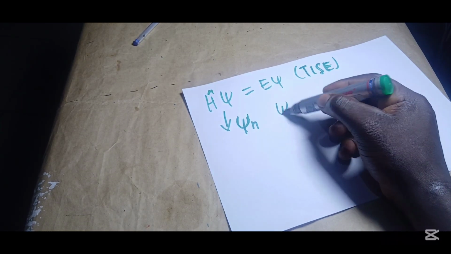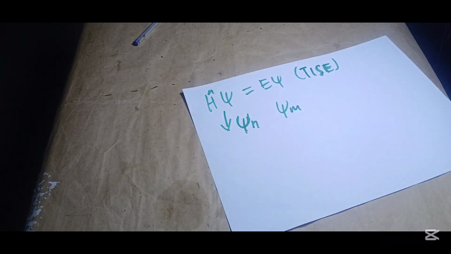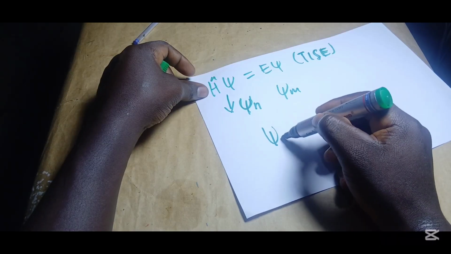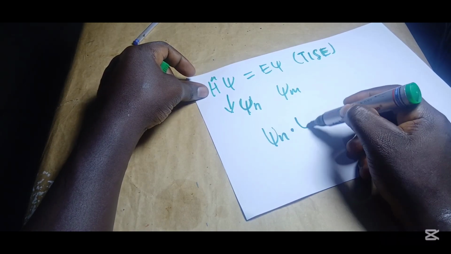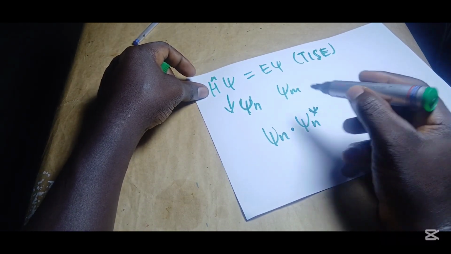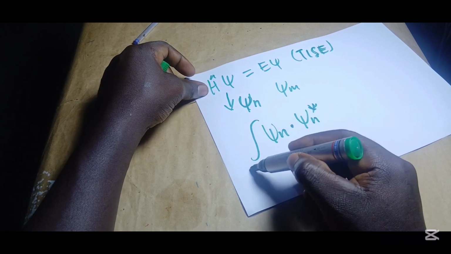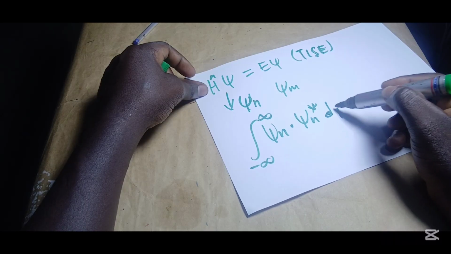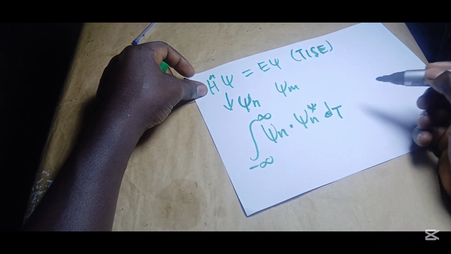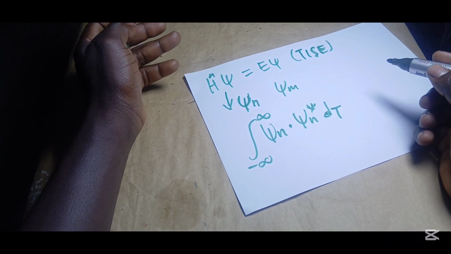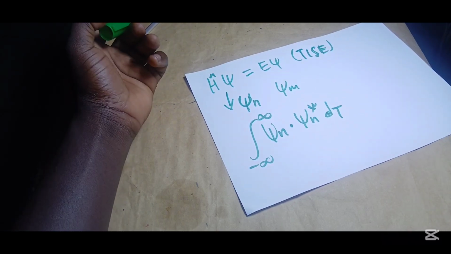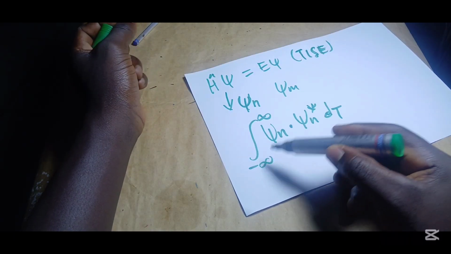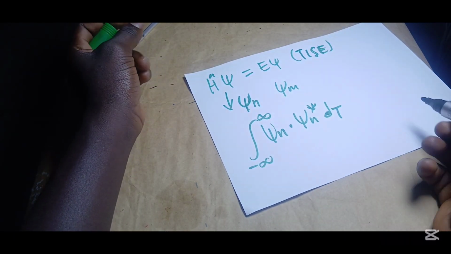let's say psi n and psi m, which are solutions from this equation. If we take psi n and multiply it by its complex conjugate, and integrate from negative infinity to positive infinity, it should give us 100% probability of finding a particle within the small space available, from minus infinity to positive infinity.